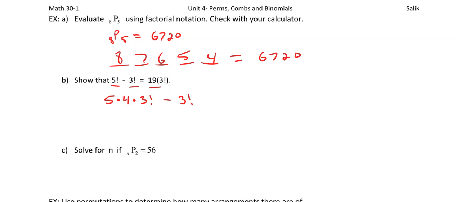So now, from that, what we can do is factor a 3 factorial out of this whole thing. So this would be the same thing as 3 factorial times 5 times 4 minus 1, which would be the same thing as 3 factorial times 19, or 19 times 3 factorial.